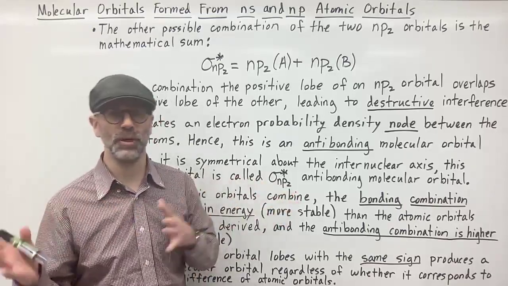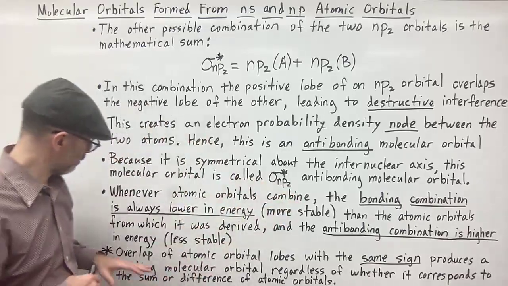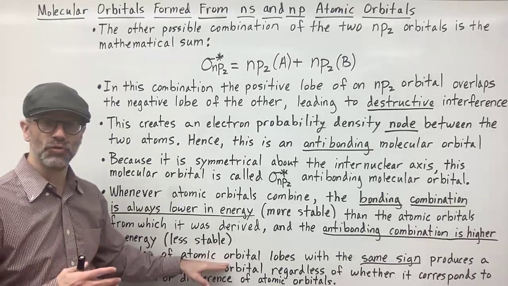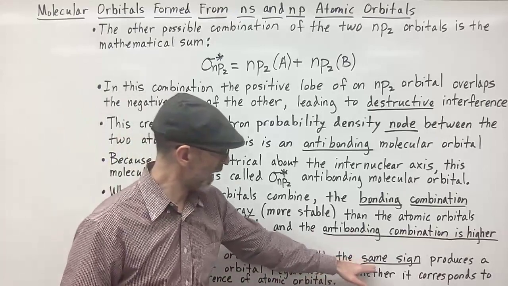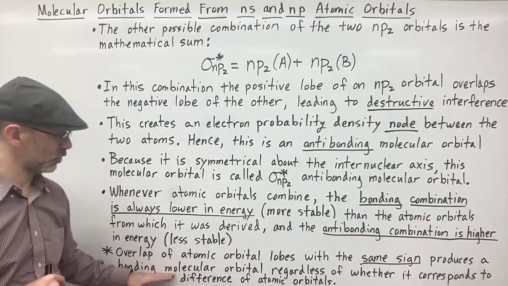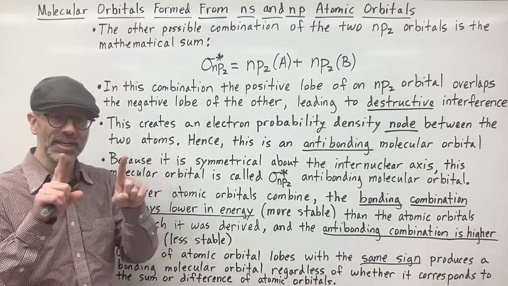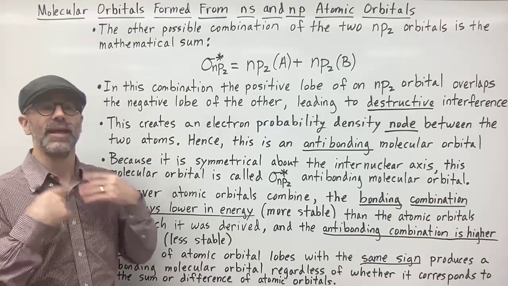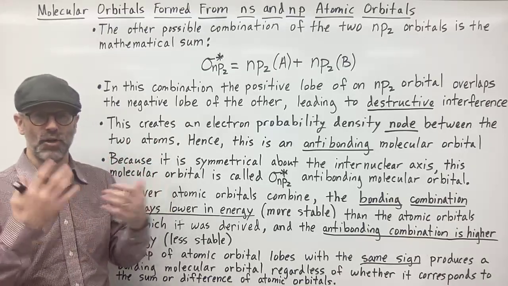And so it's a little bit confusing. The thing you want to remember, though, is that the overlap of atomic orbital lobes with the same sign always produces a bonding molecular orbital. So it's the sign of the orbitals or the lobes that are overlapping that gives rise to either a bonding or antibonding orbital.